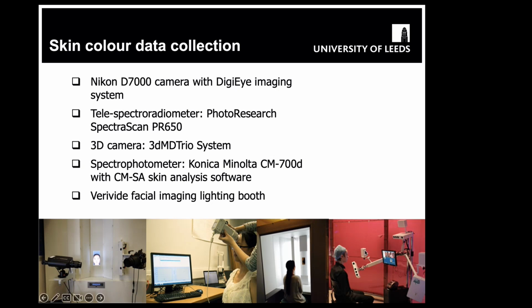We also have a 3D camera, the 3dMD camera, so that we can capture the whole face, not in 360 degrees. Because we have a three-port system, we can capture the face at least 180 degrees, which is good enough for the human face.